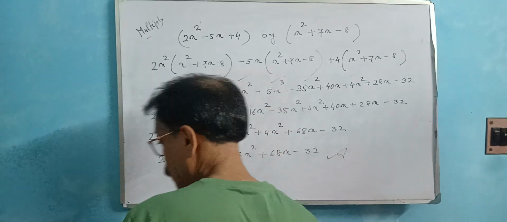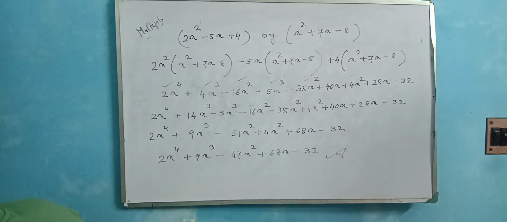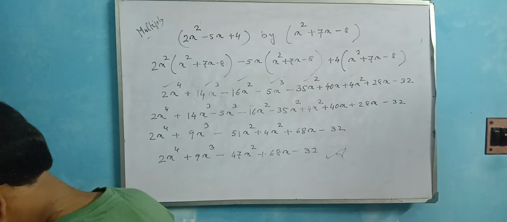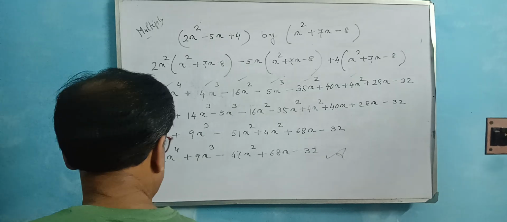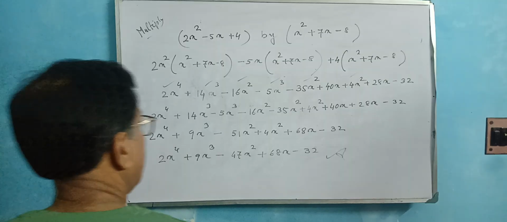This is the answer. Okay, this is the answer. 2x to the power 4 plus 9x cube minus 47x square plus 68x minus 32.